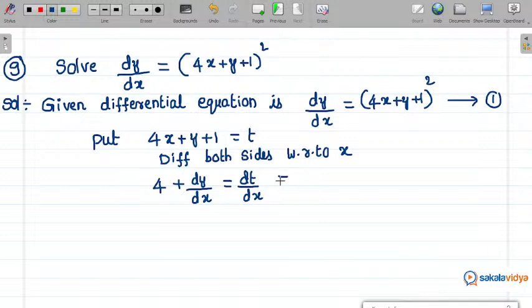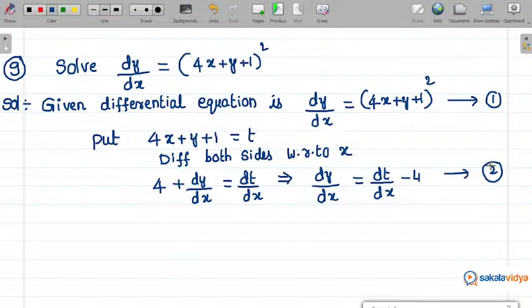So, that means now dy by dx can be written in terms of dt by dx. So, dy by dx is equal to dt by dx minus 4. Say this is equation 2.